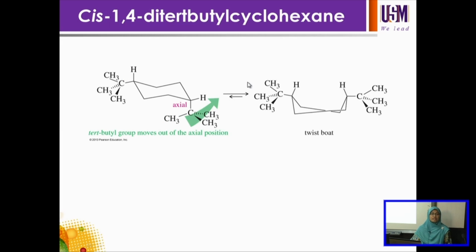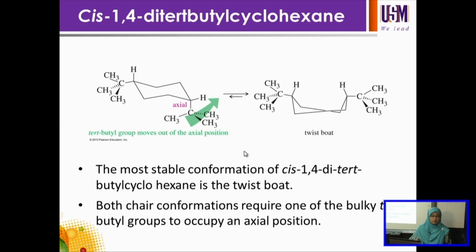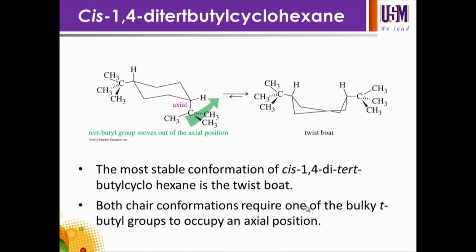What about cis-1,4 di-tert-butyl cyclohexane? Now we have two tert-butyl groups, which are very big, bulky groups. So in this case, the most stable conformation of cis-1,4 di-tert-butyl cyclohexane is the twist boat. Why? Both chair conformations will require one of the bulky tert-butyl groups to occupy an axial position.